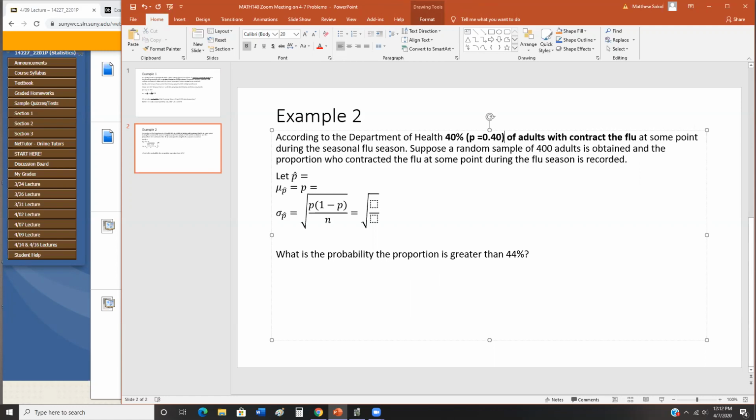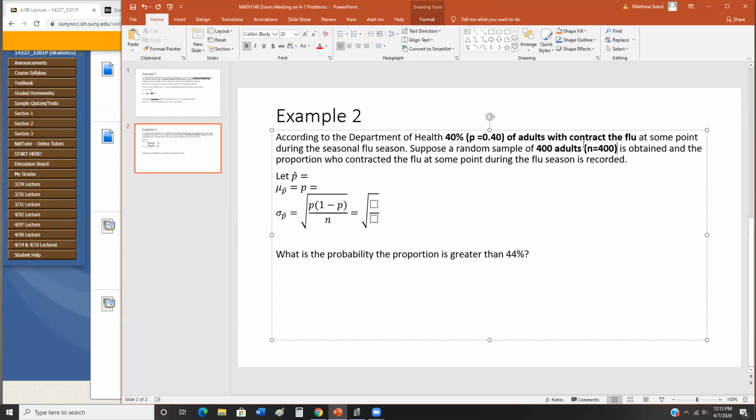Next sentence says, suppose a random sample of 400 adults, right, is obtained. So this right here is our sample size, okay? It's 400, okay? Is obtained and the proportion who contracted the flu at some point during the flu season is recorded. Okay, so now here's this question.